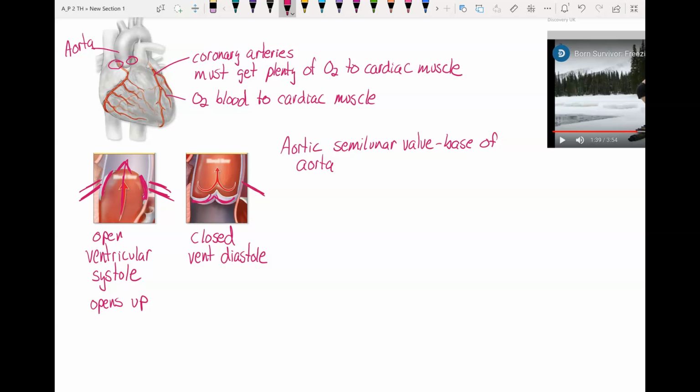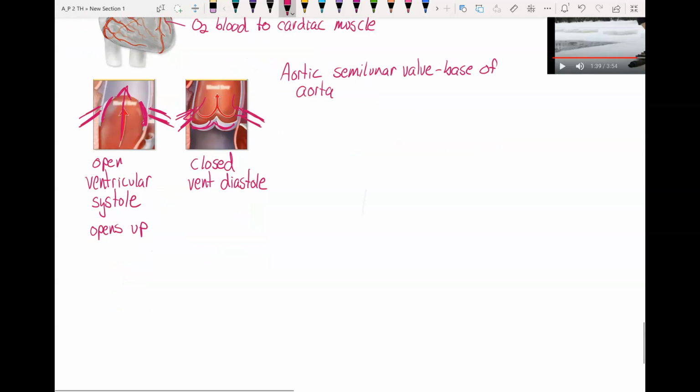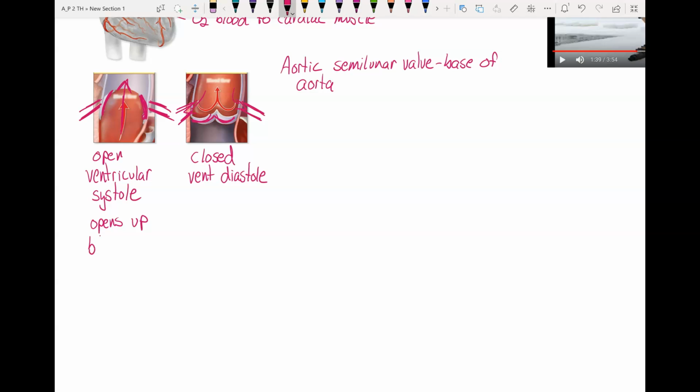And when it's closed, those coronary arteries would be here like this. Blood is free to flow into the coronary arteries. So when it's open, it blocks the coronary arteries. And when it's closed, blood flows into the coronary arteries.